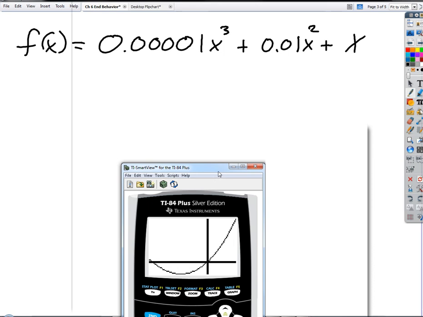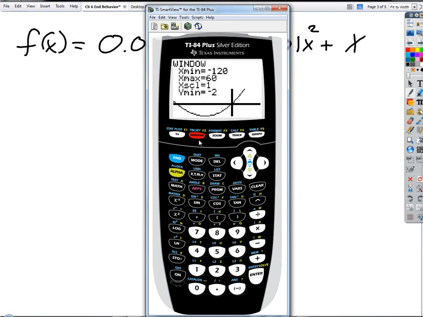Okay, but if I go even further out there, let's not mess around, let's go from like negative 10,000 to positive 10,000 on the x scale.